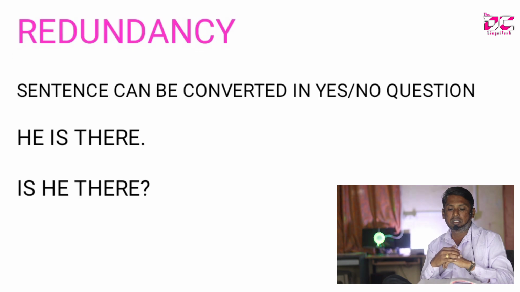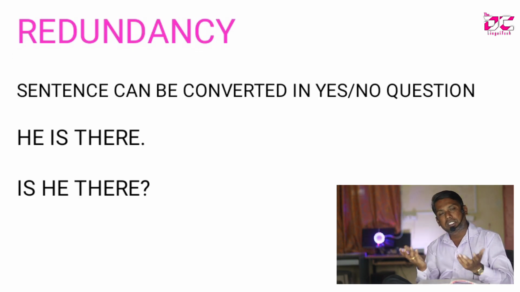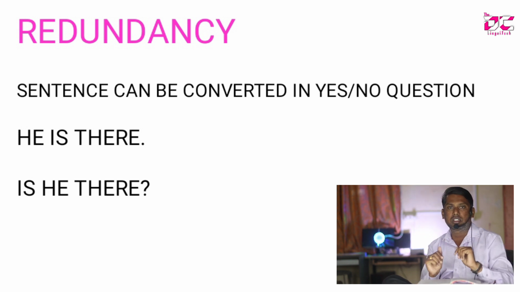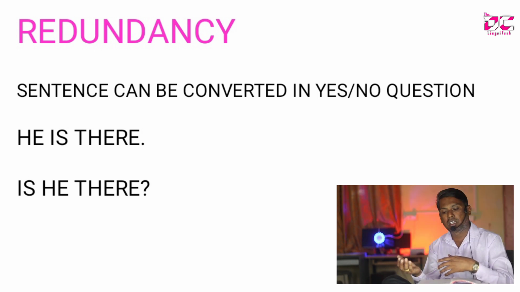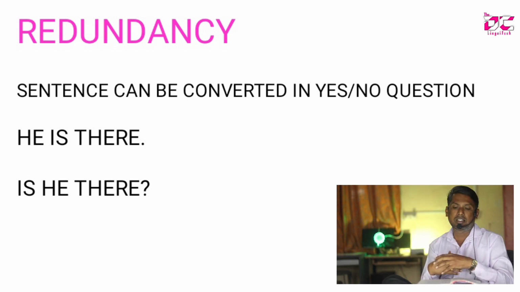Next one is redundancy. For example, from a sentence we can form a question. If I say he's a student, I can make a question like, is he a student? I can make any kind of question, like a yes-no question or a WH question, and that's what you call redundancy.